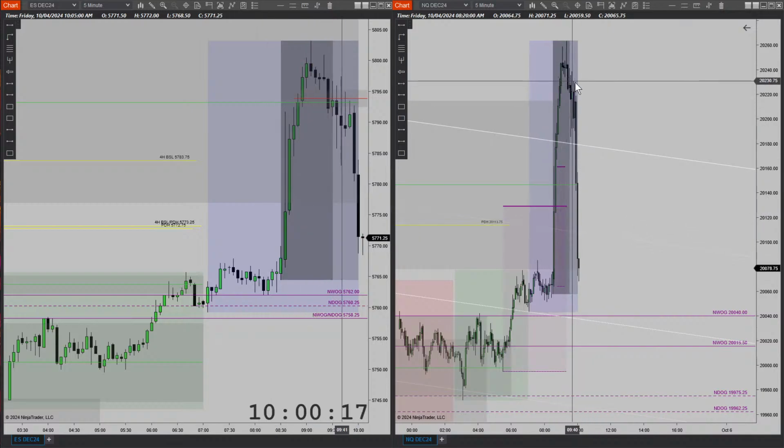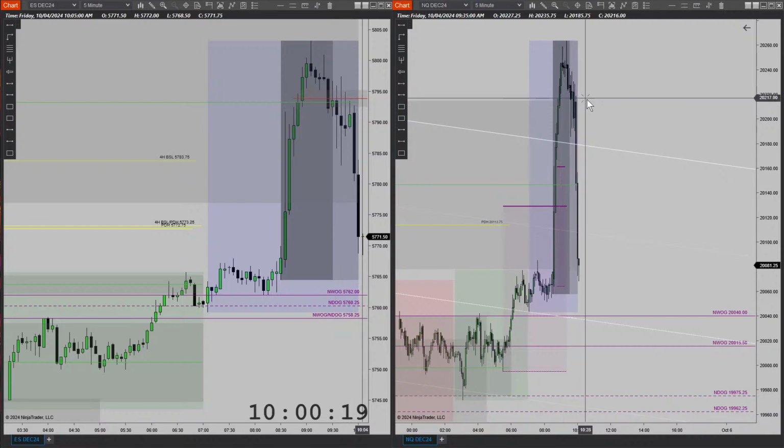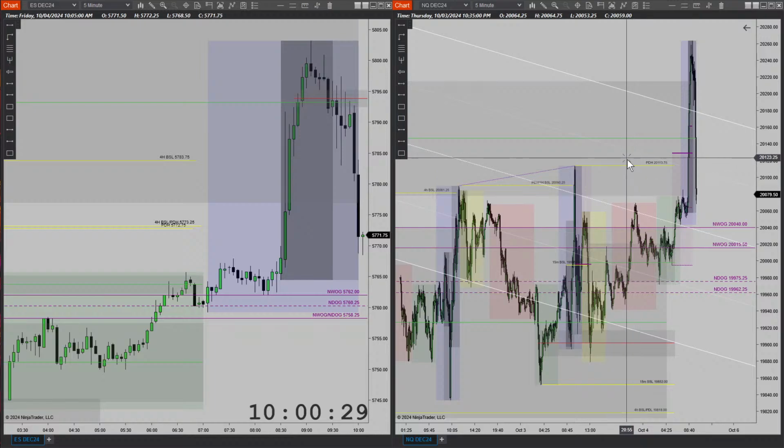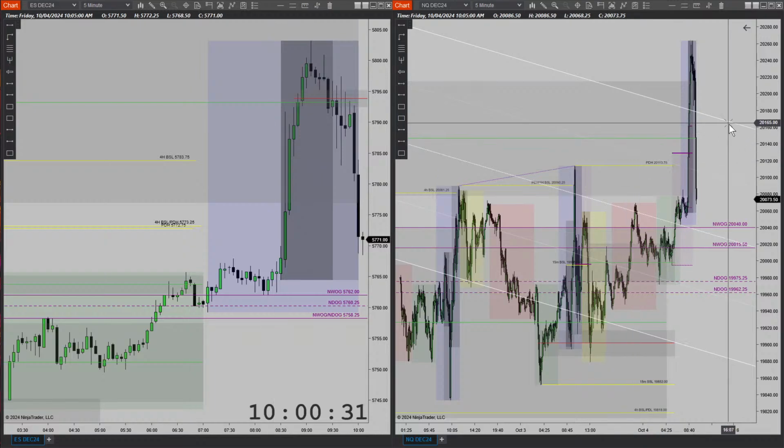I had to hold through a little bit of pain, but the last couple of days, my wins have been over 50. What changed? Timing, and the fact that I've been reading price action better than the previous months, years.